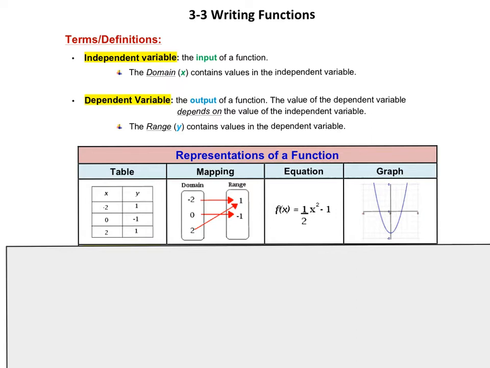Now, I used to always get very confused because I would look at this right here and I would see f parentheses x and I would think it was some crazy calculus stuff. What this is saying is the function of x. Now think about what the word function means. Function kind of means like to work.